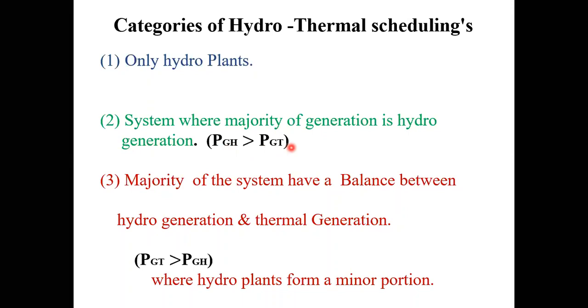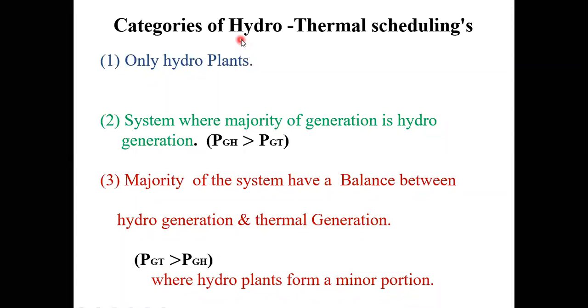This is also not possible in case of India. Similarly, coming to the third one, here our assumption is that thermal generation is more when compared to the hydro generation. So this case is present in our India, where hydro plants form a minor portion when compared to the thermal power generation.